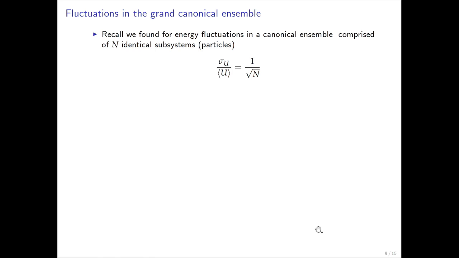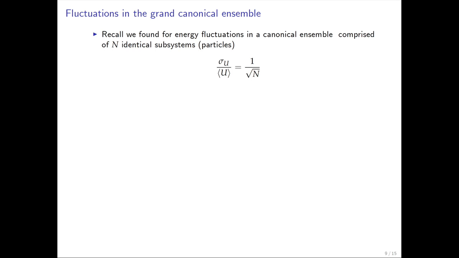Well, let's consider fluctuations in the grand canonical ensemble. If you recall, in the last lecture we looked at the case of energy fluctuations in the canonical ensemble. Actually, we looked at energy fluctuations in a canonical ensemble that was made up of n identical subsystems, or particles if you want to consider particles.